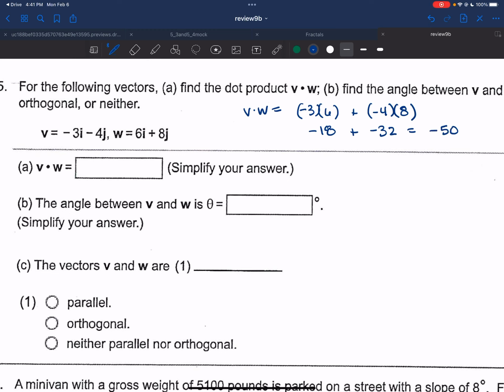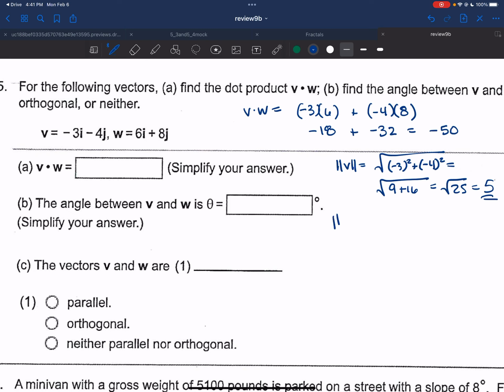And then V is going to equal the square root of negative 3 squared plus negative 4 squared. Remember, those negatives go away. So 9, square root of 9 plus 16 is the square root of 25. So that equals 5.